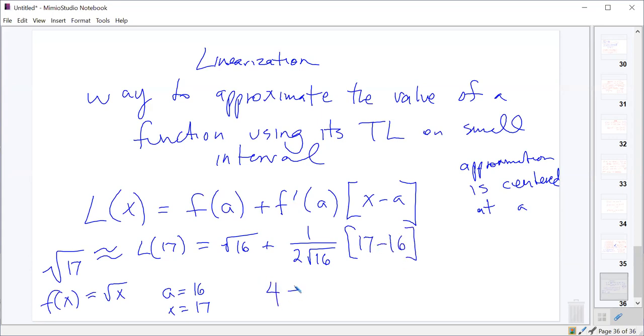So we'd have 4 plus 1/8, or 33/8, would be a good approximation for the square root of 17 using linearization. Everybody okay with that? Yep. Excellent. All right.